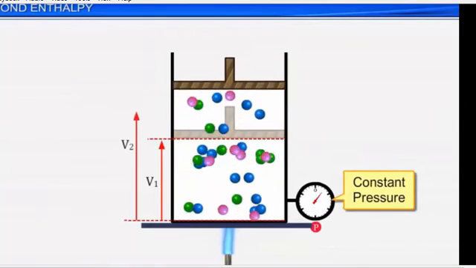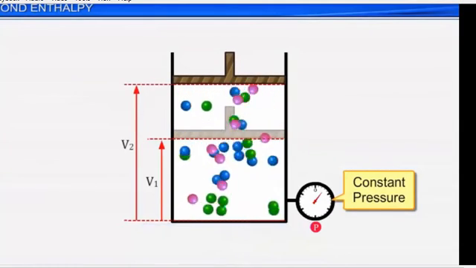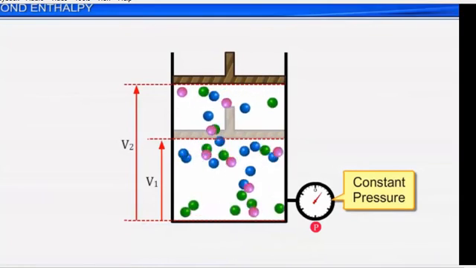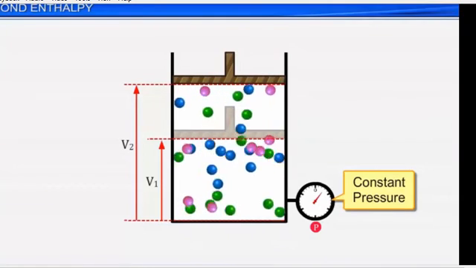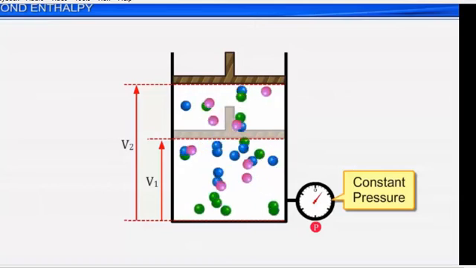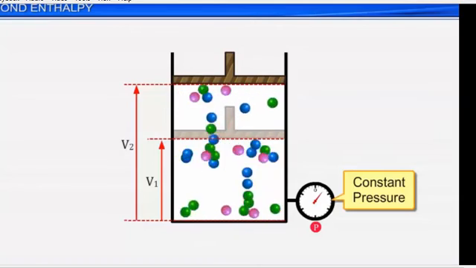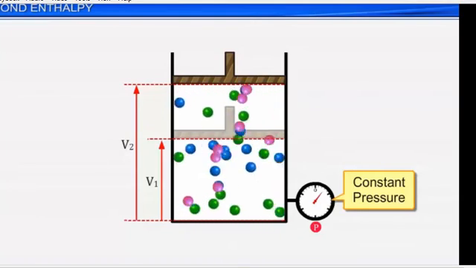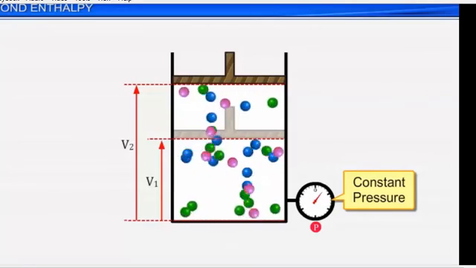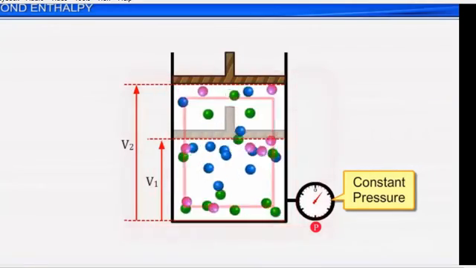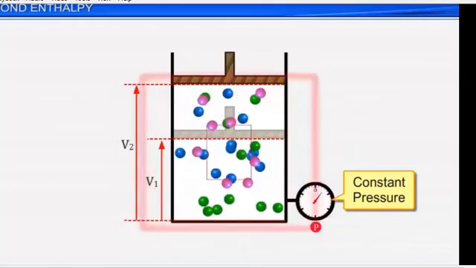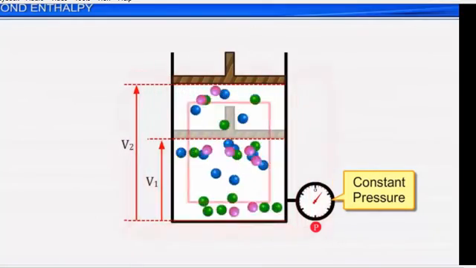The energy change occurring during such reactions may not only involve change in internal energy but also do some work. To understand this, assume a chemical reaction occurring at a constant pressure. Let us assume that the reaction is exothermic and also involves gaseous substances.